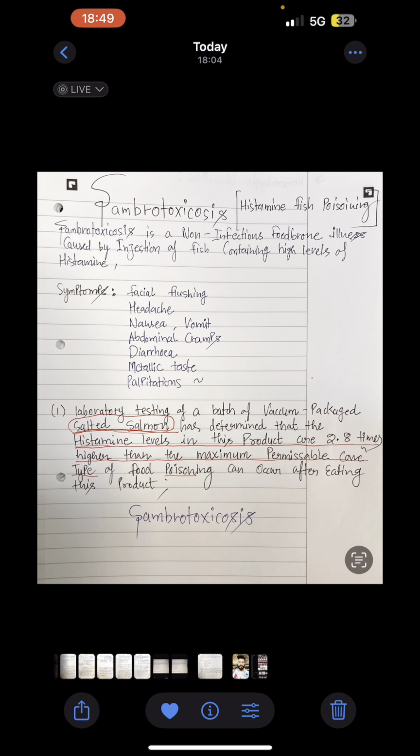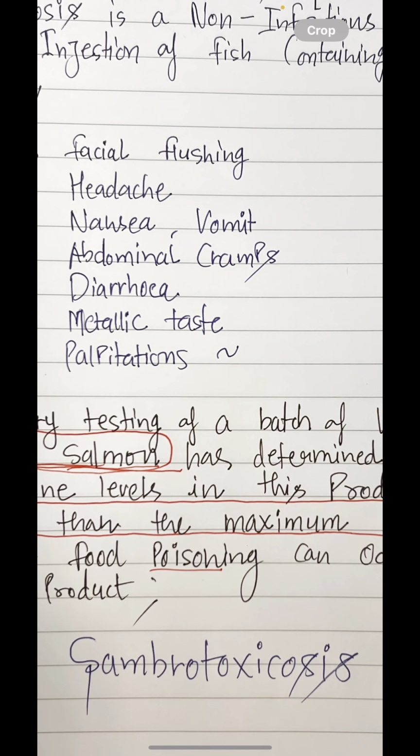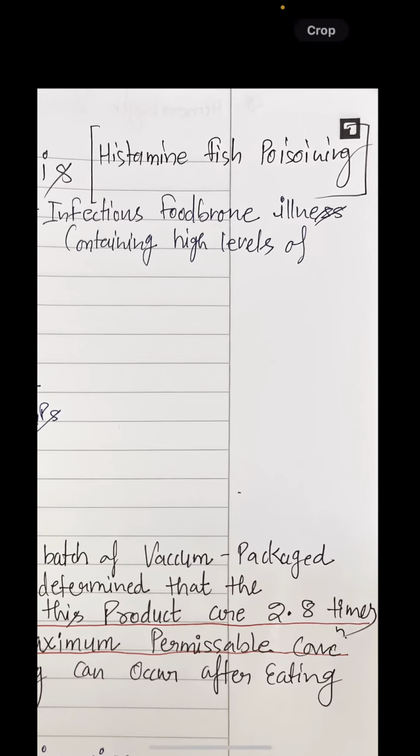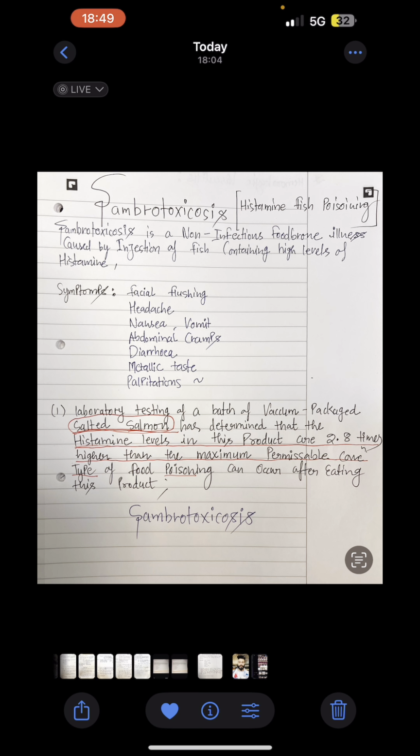So the problem is with the histamine compounds, right? So let's see what symptoms we will be seeing in this one. Facial flushing, headache, nausea, vomiting, abdominal cramps, diarrhea, metallic taste, palpitations however can be there or cannot be there, not necessarily, right? Scombrotoxicosis is also known as histamine fish poisoning.